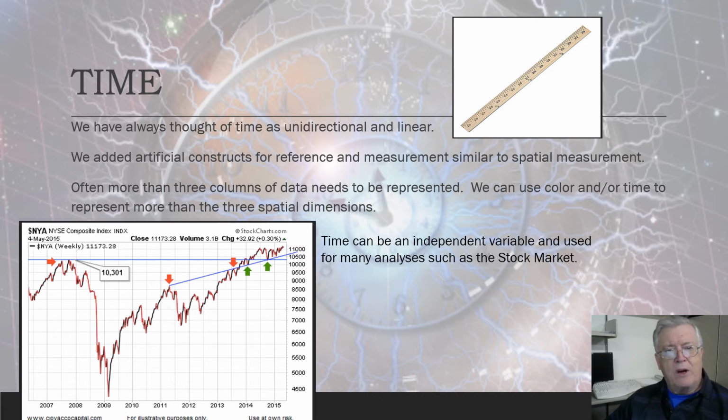We've always thought of time as unidirectional and linear. There might have been, we can call it a beginning of time at the Big Bang. We could call that the origin. And then we have all positive numbers of time moving to the right.